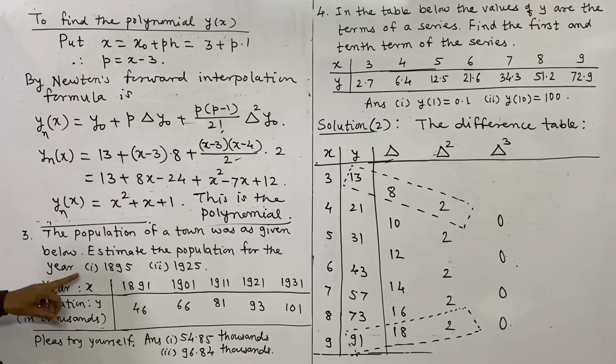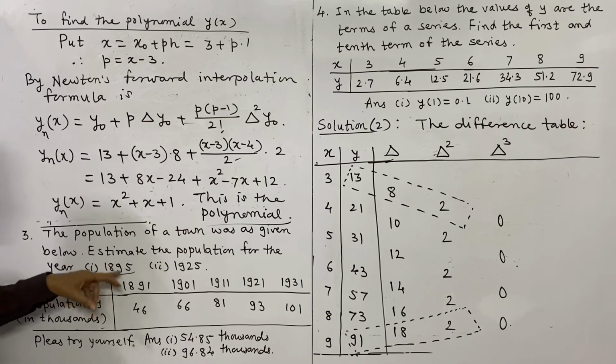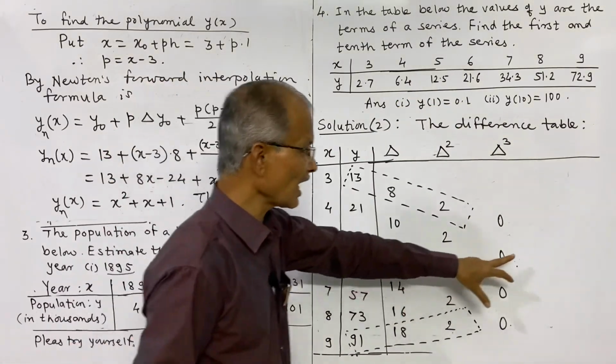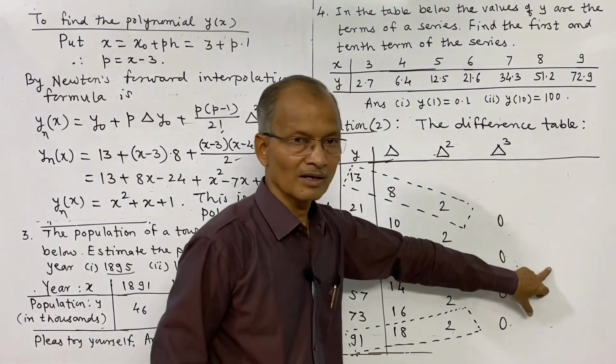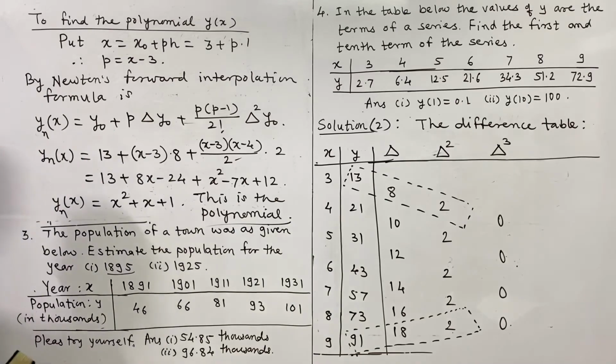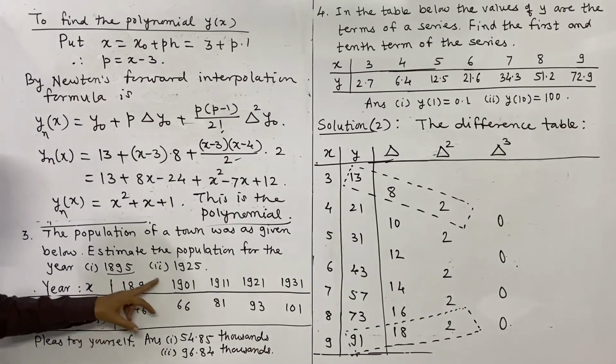What is asked is to estimate the population for the year 1895. So form a difference table like this: the value of x, the value of y, then form delta, delta square, delta cube, up to the last entry, which must be 1. And then 1895 will lie at the beginning of the table.